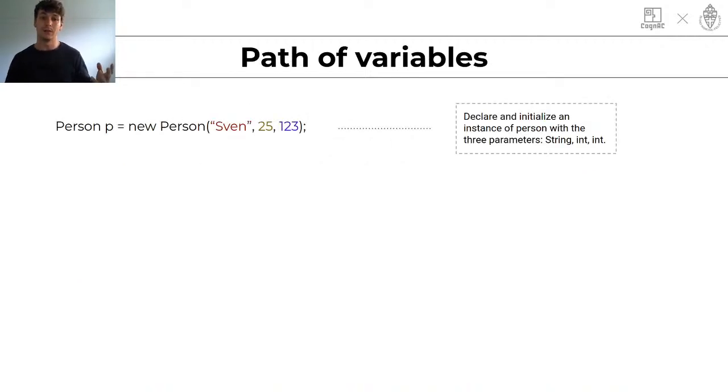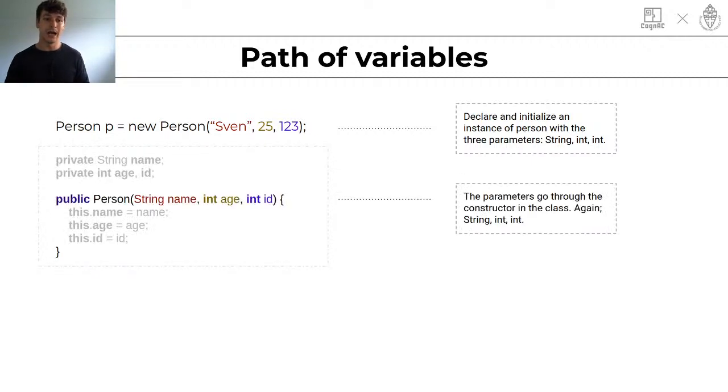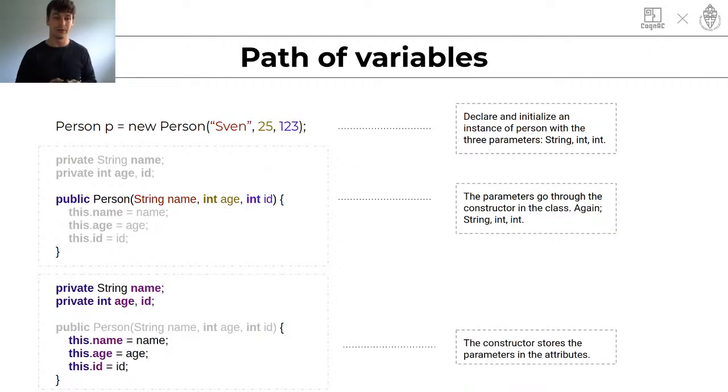So what would that look like in practice? You say Person p is new Person with Sven, 25, which was the age, and 123, which was an ID, some sort of national identification number. Those 3 parameters go into the constructor of the class, which has the format string, int, int, and the constructor then sets those to the attributes.